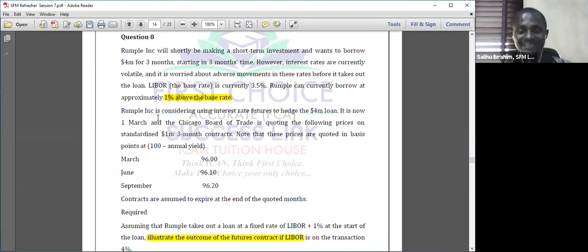Here, it's still the same principle, only that in this regard we are not making reference to currency or exchange rate. Here, we are making reference to interest rate. The same inverse relationship exists between interest rate and the futures price. When interest rate increases, futures price is expected to fall.